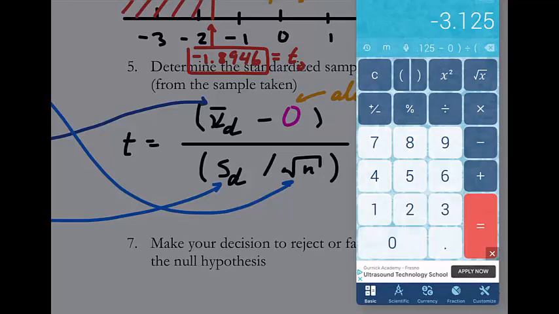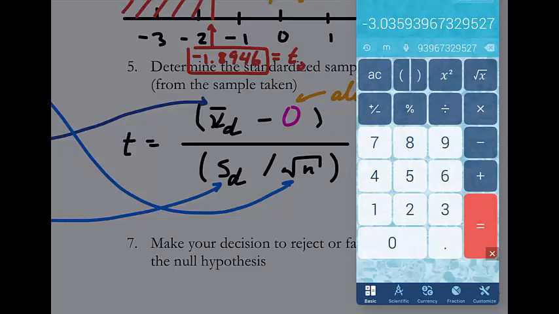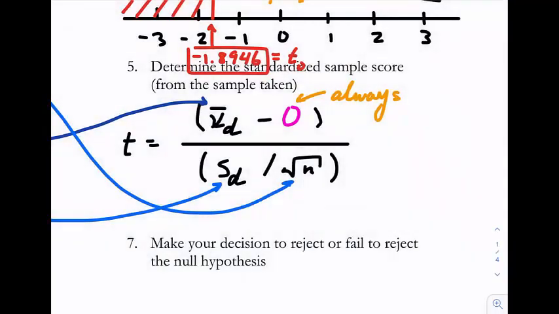Now we divide that by, open another parentheses, the standard deviation 2.9114 divided by the square root of 8, close parentheses and then equals. And we end up getting the standardized value, negative 3.0359.